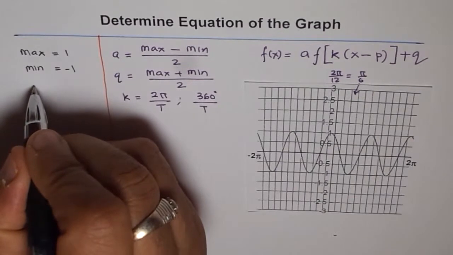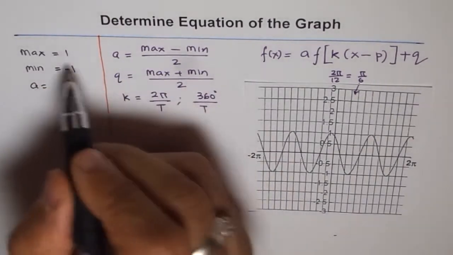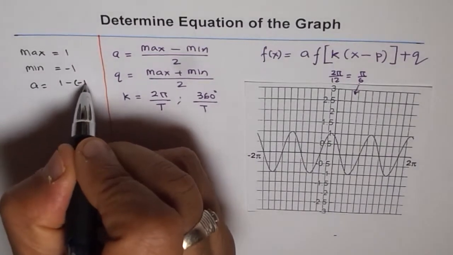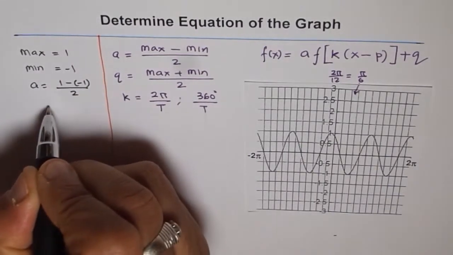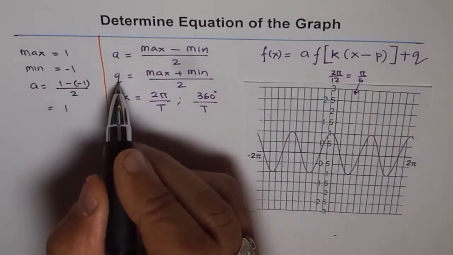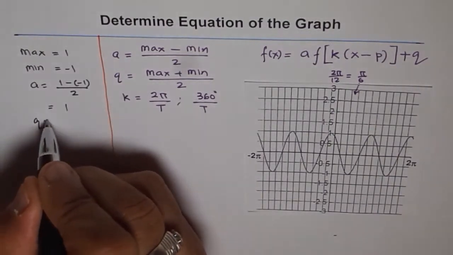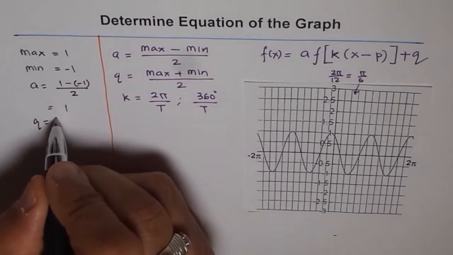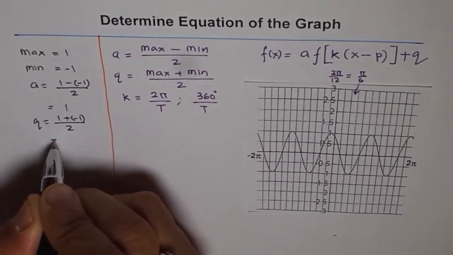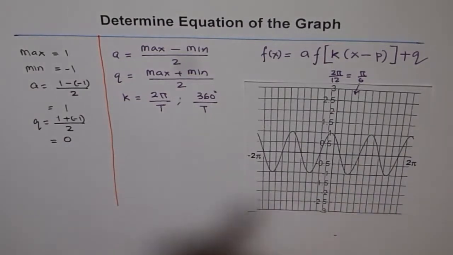Therefore a is maximum minus minimum divided by 2. That means 1 minus minus 1 divided by 2, which gives 2 divided by 2, that is 1. Similarly, q is the average: 1 plus minus 1 divided by 2, which gives us 0. So q is 0 for us.